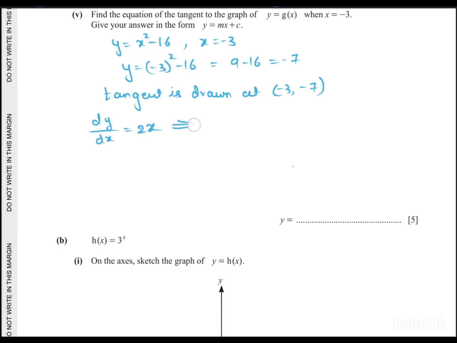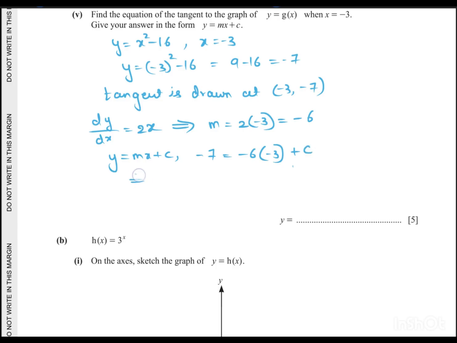With this, we can find the gradient, that is m is equal to 2 into minus 3, which is minus 6. We got the m value. Now substituting this m value in y is equal to mx plus c form, we'll find c. y is minus 7, m is minus 6, and we substitute x as minus 3, plus c.